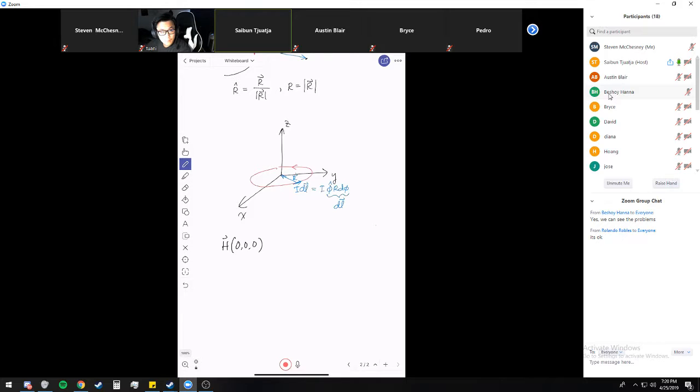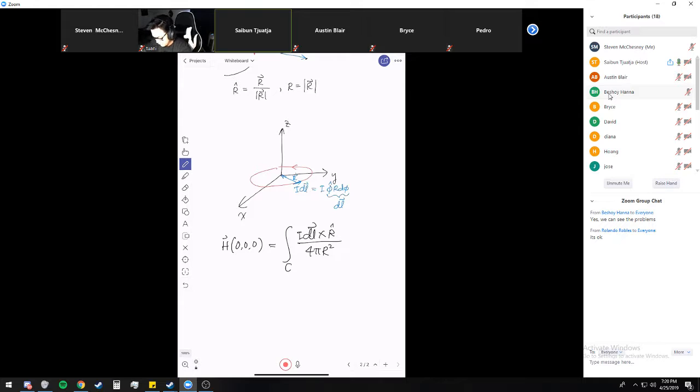H0, this is the H at the center. So that's equal to, I sum them up, right? First, I sum over the closed path, I dl cross r hat divided by 4 pi r squared, right?